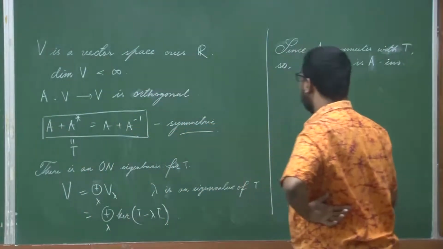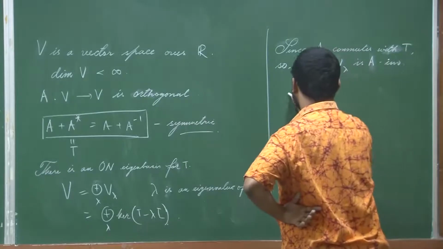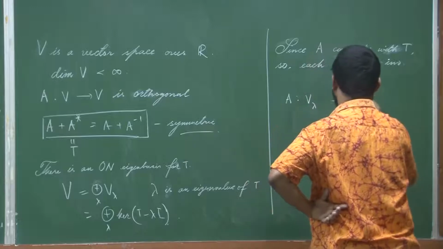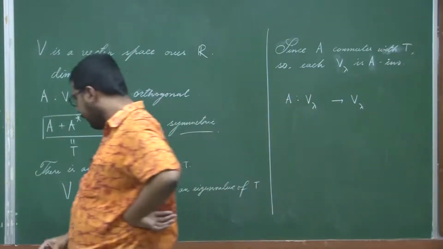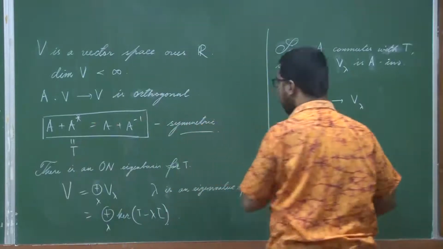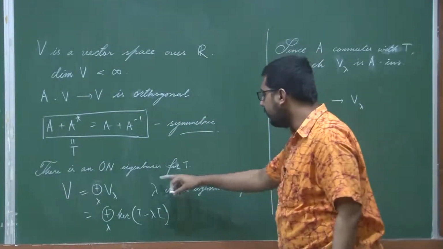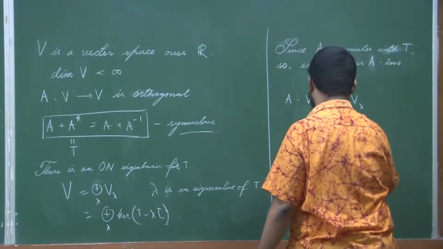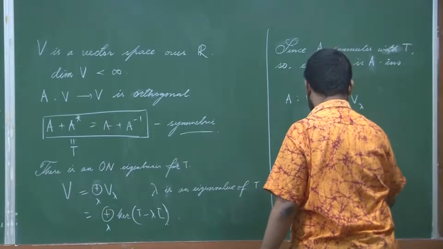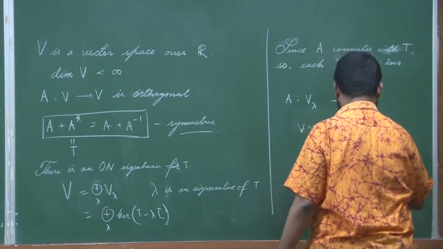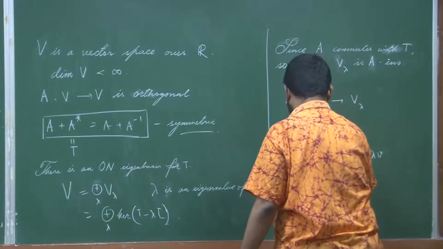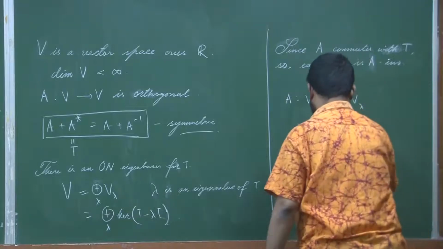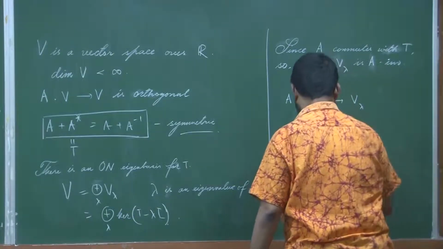So, therefore, we will now look at the restriction of A on each V lambda. Remember that V lambda is the eigenspace of T with respect to eigenvalue lambda. Therefore, for every vector belonging to V lambda, one has T V equals lambda V. Now you apply A on both sides.